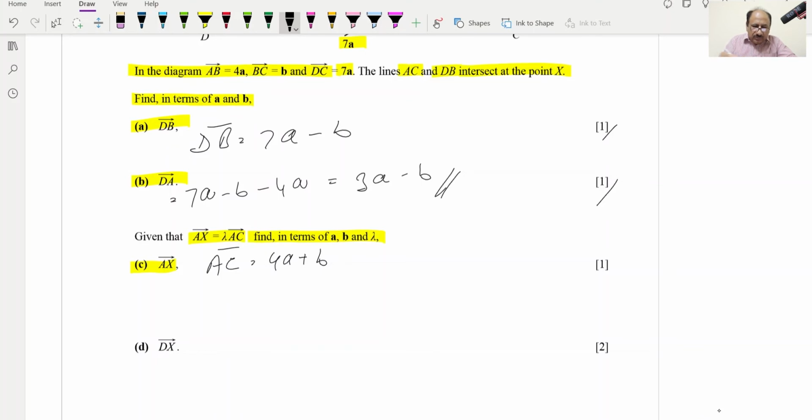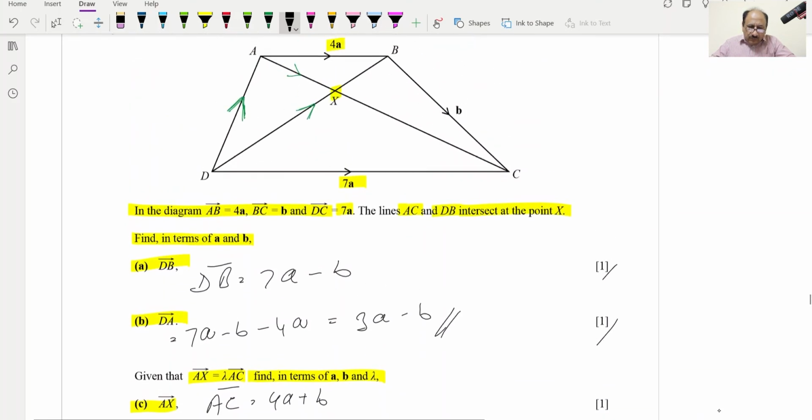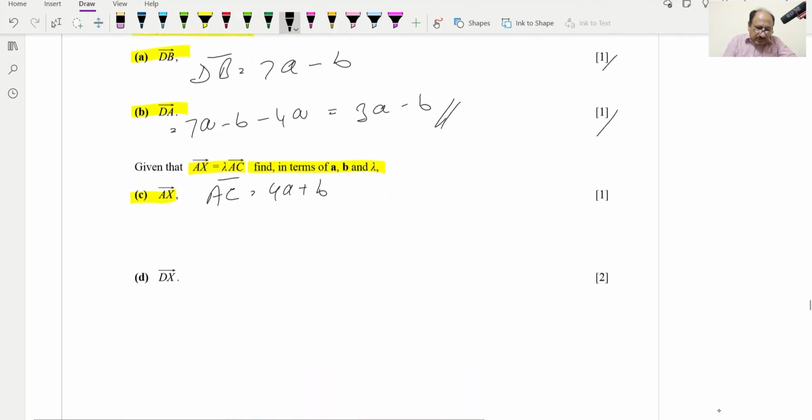These are vectors basically. So now we can write AX is equal to lambda AC, and this will be equal to lambda times 4a plus b, and this will be the answer for the 1 mark part.